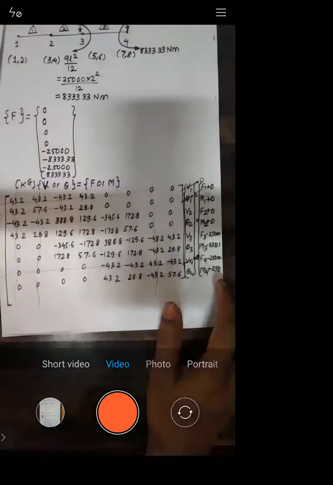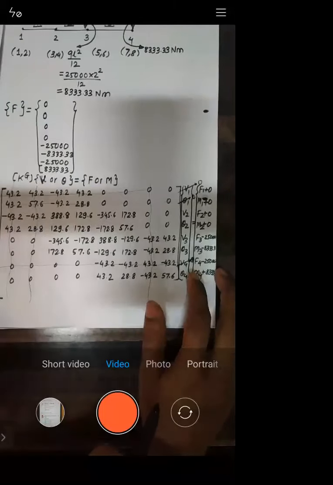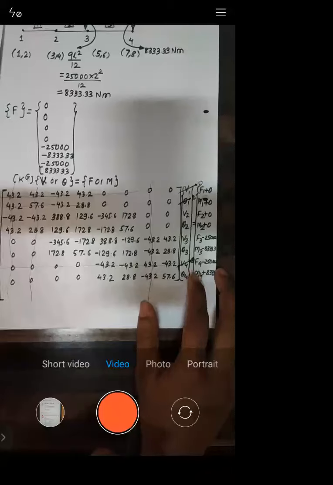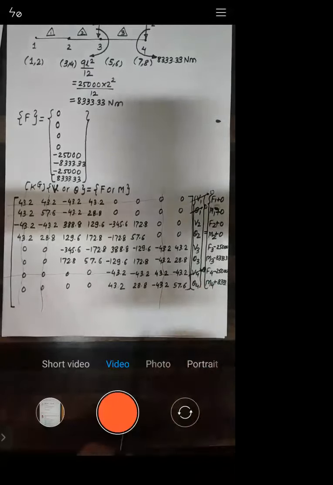You will get how many equations? 5 equations, right? 5 equations with 5 unknowns you will get. So in that case, you are supposed to represent one unknown variable in terms of all the other variables. Okay. In that case, we'll be able to reduce the complexity. Yes or no?